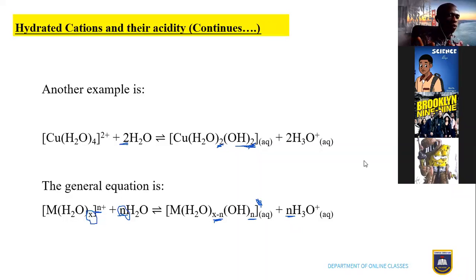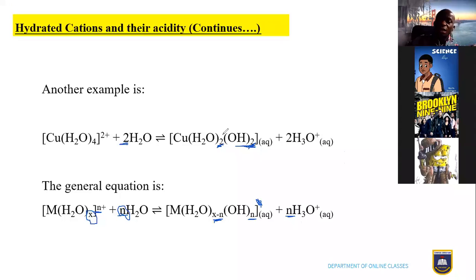Now, one thing they drew my attention to, which I don't think I mentioned, is that you need to indicate the states of the species. And in my equation, I sometimes indicate, other times I don't. That's bad.